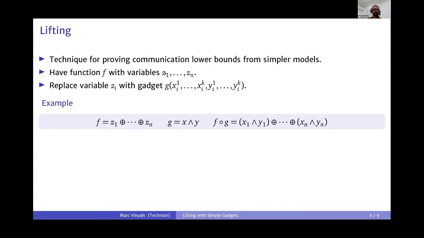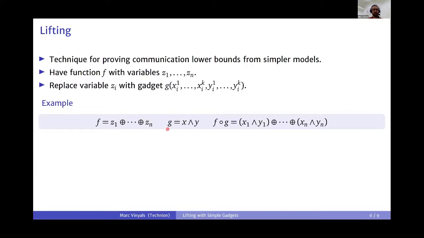Lifting is a very general technique for proving communication complexity lower bounds using lower bounds from simpler models of computation. And the idea is as follows. We start with a function f over some variables, and then replace every variable with a function, or gadget.